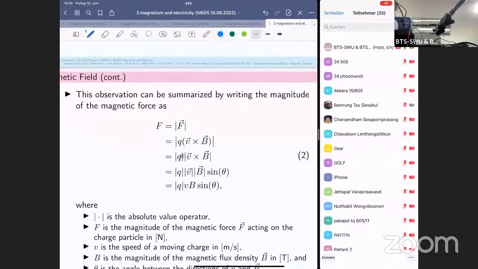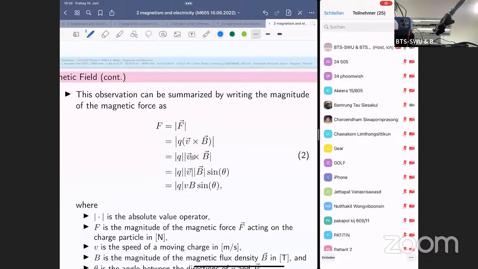The absolute value can be separated to cover only the scalar quantity. And we don't know whether the charge q is positive or negative, so we have to leave the absolute value like this. For the second part, the cross product result, the absolute value will also cover that amount. Okay, now the absolute value operators are separated for both parts.